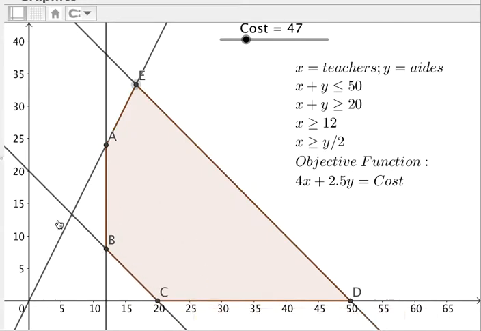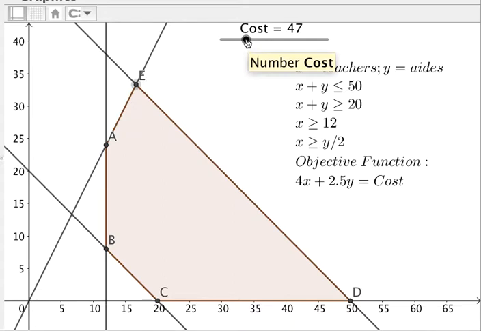Okay, so our objective function, the thing we're trying to minimize in this case, or in other cases maximize, is the cost. And we're told that the salary is $40,000 for each teacher and $25,000 for each aide, and we're going to therefore divide everything through by 10,000. We'll say 4x plus 2.5y is equal to the cost.